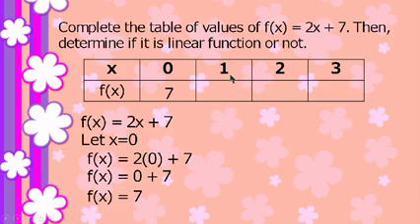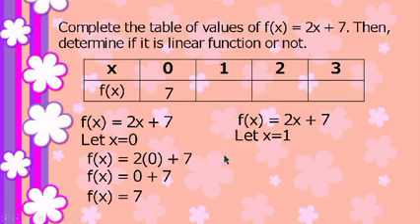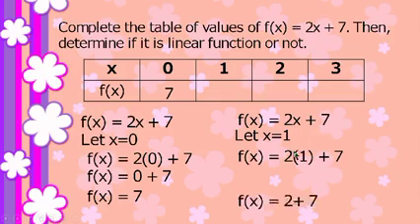Okay? Now, let's use the second value which is 1. So, copy ulit yung given. Now, let x is equal to 1. So, f of x is equal to, copy yung 2, x will become 1, plus 7. And then solve.